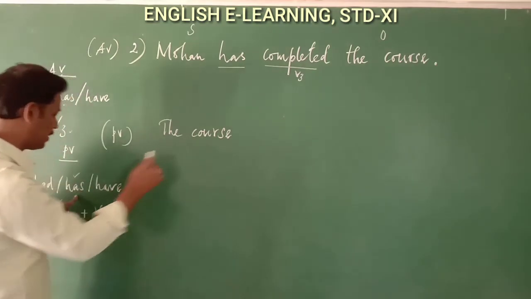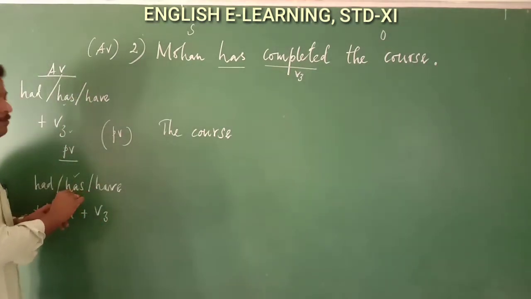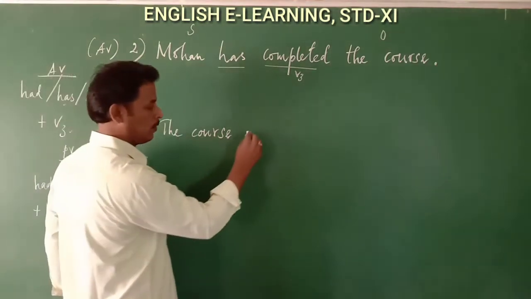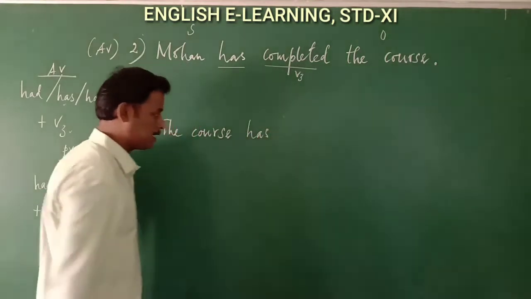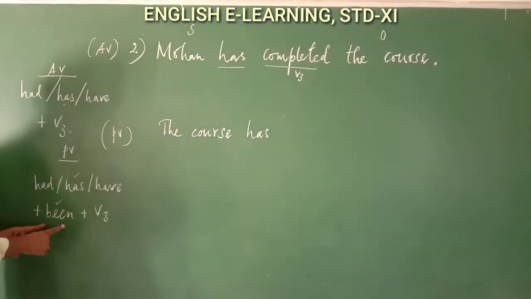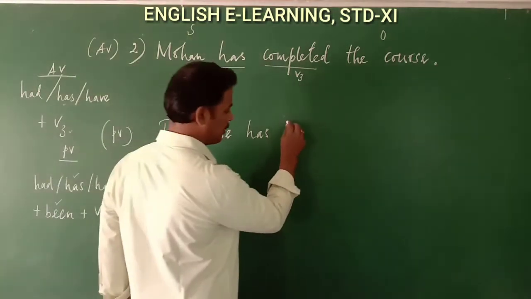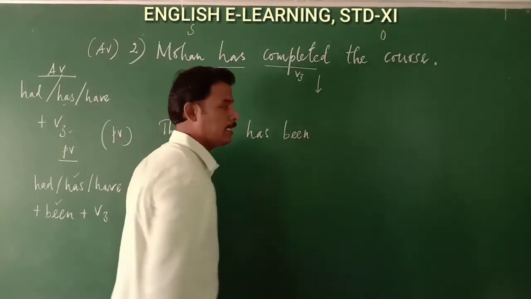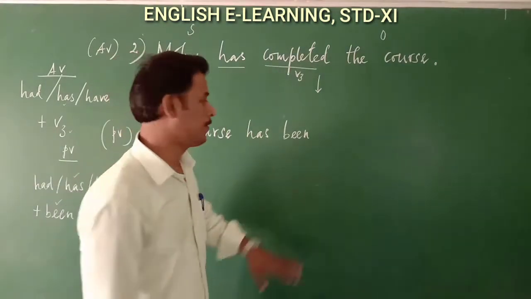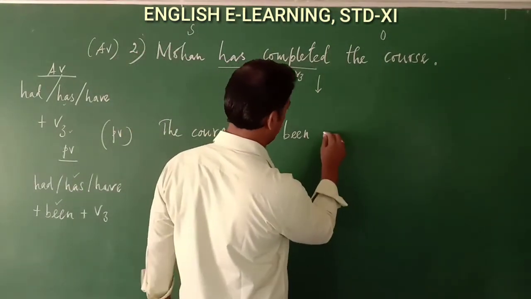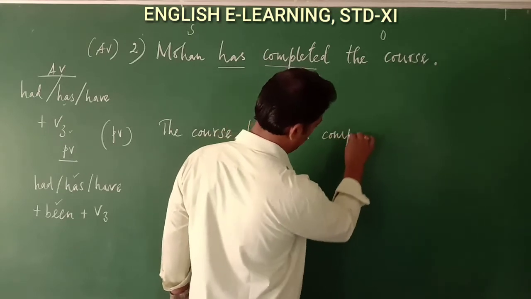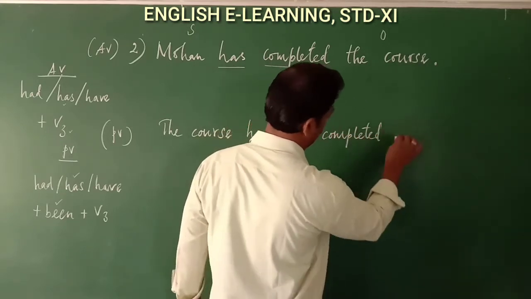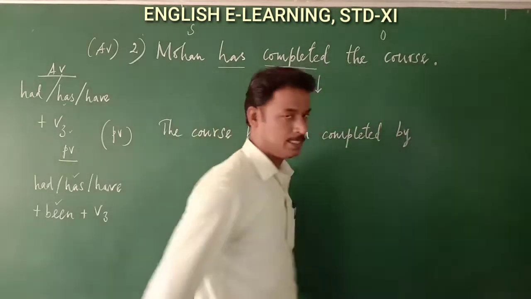This is the singular, so we can take the singular verb has. Right. The course has. Next rule is we have to add been here. The course has been, and then the same verb 3 can be placed here. The course has been completed.